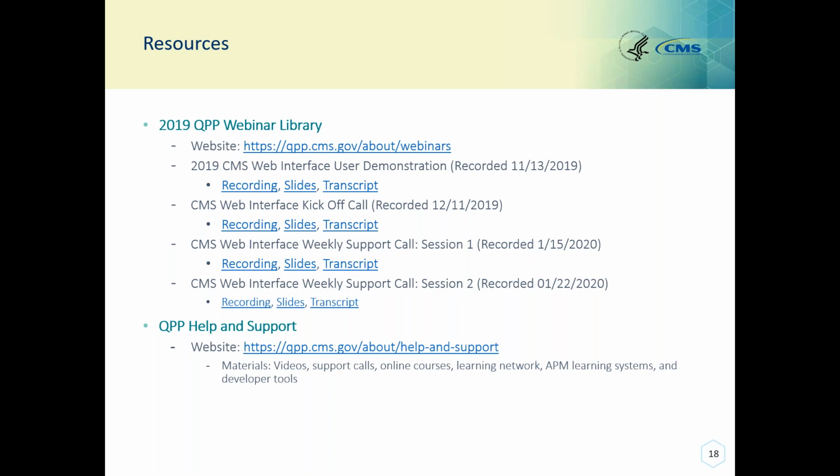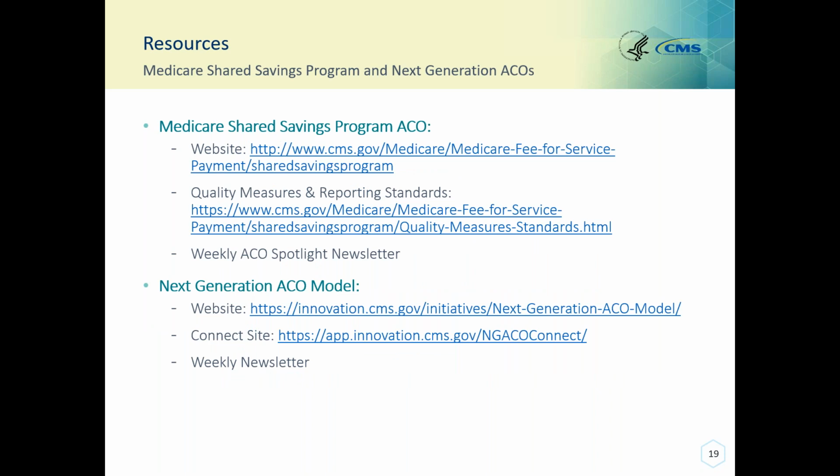Additionally, the help and support page on the QPP website contains links to materials such as videos, webinars, and online courses, as well as other items to help with reporting and development. Next slide, please. This slide contains links to resources available for the Medicare Shared Savings Program ACOs and Next Generation ACO models.